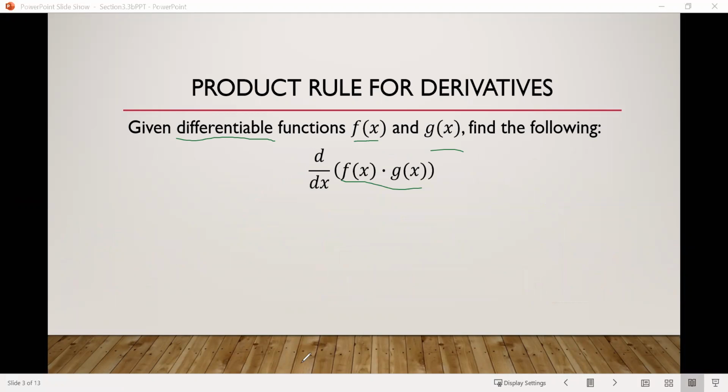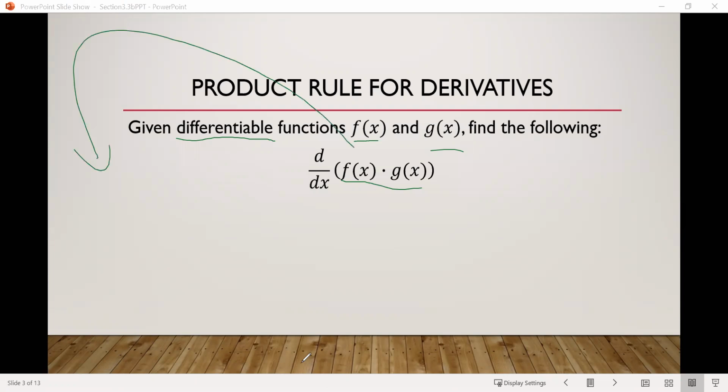So in the last one, like the function x would be our f, the function e to the x would be our g. So how would we find the derivative here? Well, we're going to use the limit definition of the derivative to come up with this formula. And I want to say, as we're doing this, this is not something I'll ask you to do on a test or a quiz, but I think it's very useful for us to get used to kind of the development of formulas and where they come from, okay?